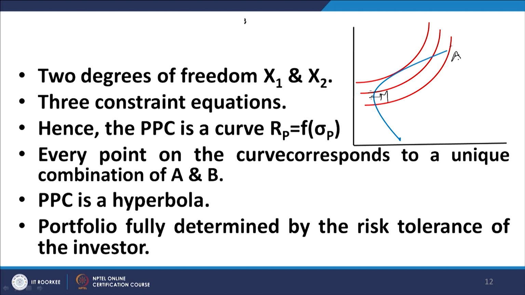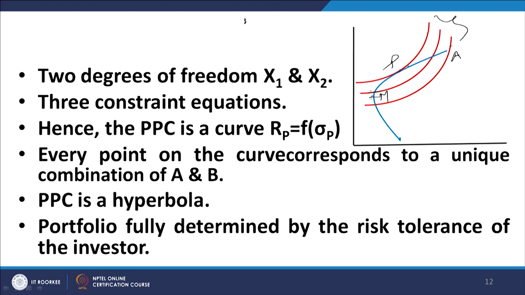The indifference curve which is highest and which is tangent to the efficient frontier, the curve MA, I repeat, whichever indifference curve lies at the highest point and is tangent to the curve MA would be the appropriate investment at the point of tangency, let us call it P. So, P would represent the combination of A and B that is appropriate for an investor whose risk tolerance is represented by this indifference map.